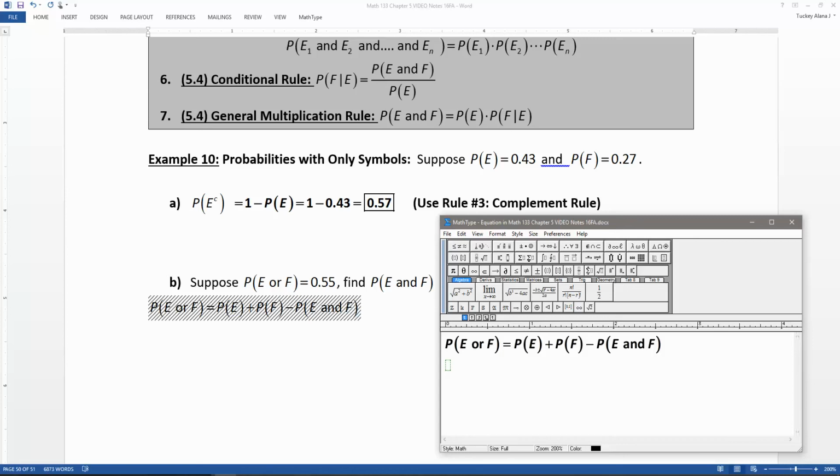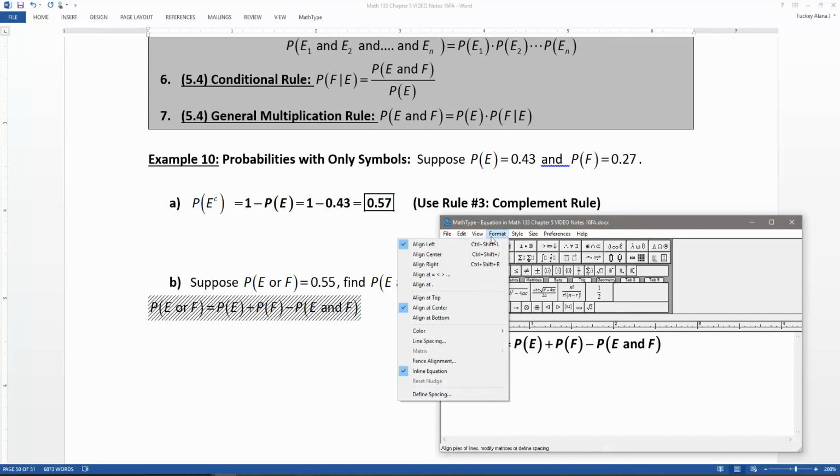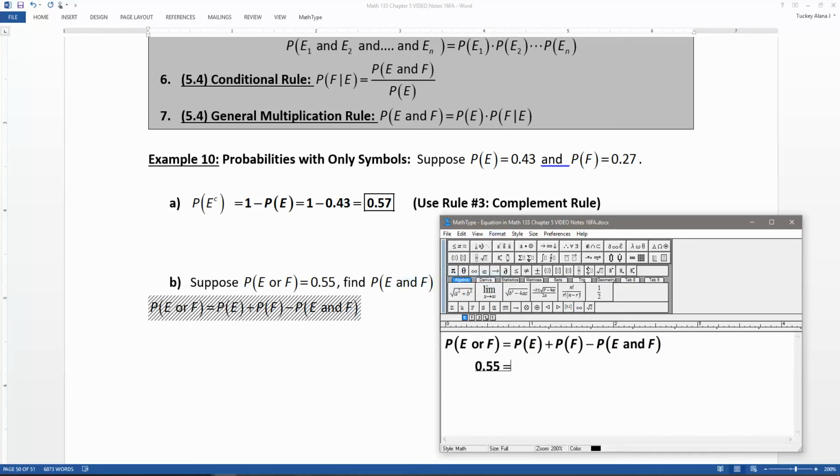So probability of E or F, I just copied and pasted the rule. Now I know that this part is 0.55 because the problem told me so. And then I know that that's equal to, and then I know that this is 0.43, and then the probability of F is 0.27, and the probability of E and F is the part I don't know, so I'm just going to put an X in instead. Okay, well these two numbers, I need to get them out of there, so let me add them up first.